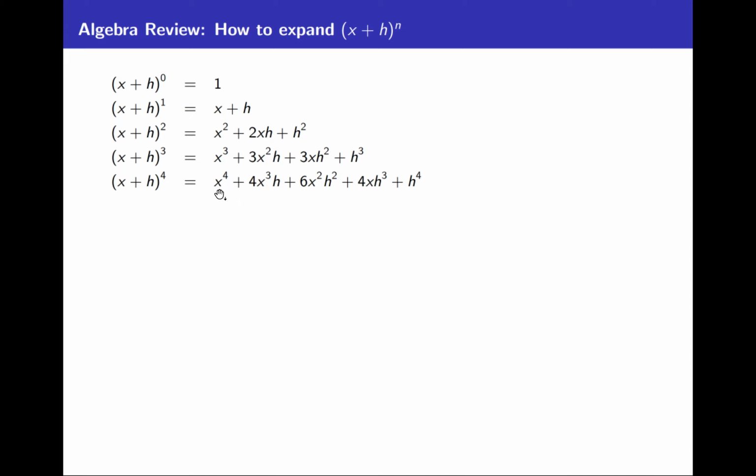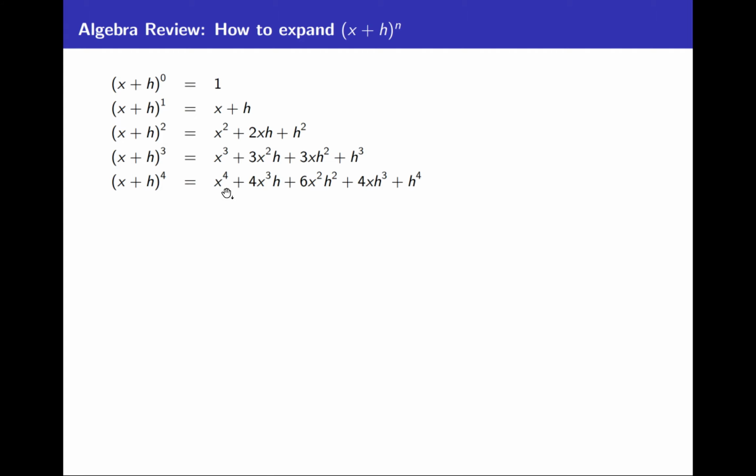Now the pattern here, and it's typical for all of these powers of x plus h, is that you start out with x to the power of what your n is, x to the power of 4. Then you get a 4x cubed h. The powers of x in each term decrease: x to the 4, x to the 3, x to the 2, x to the 1, x to the 0.